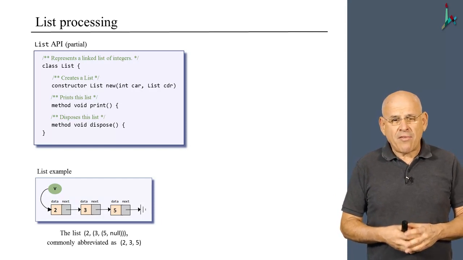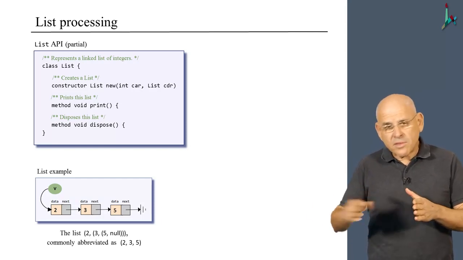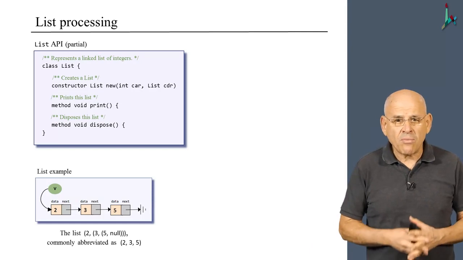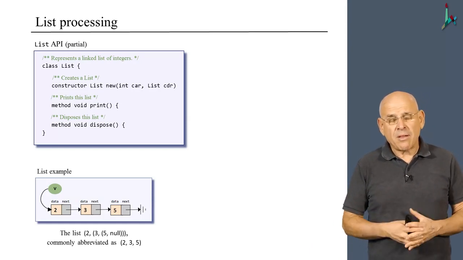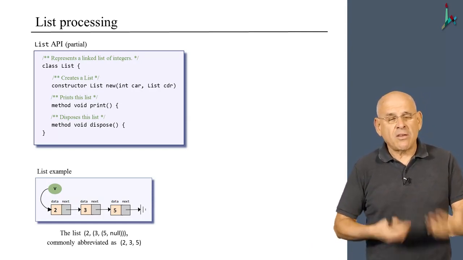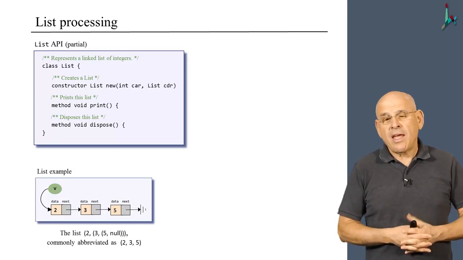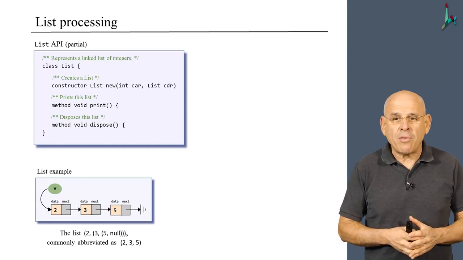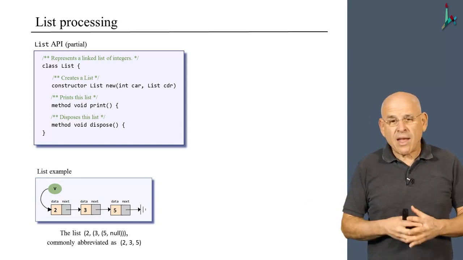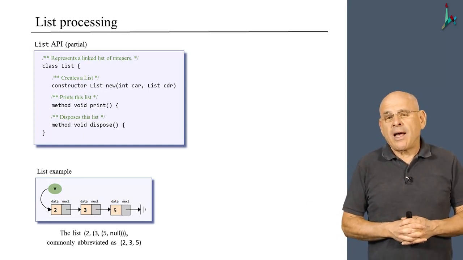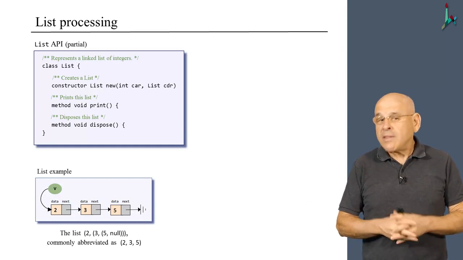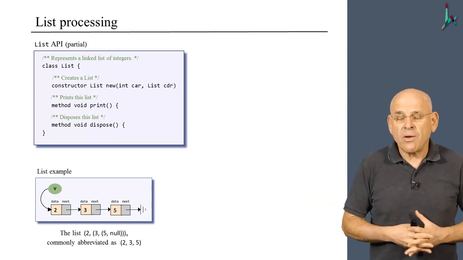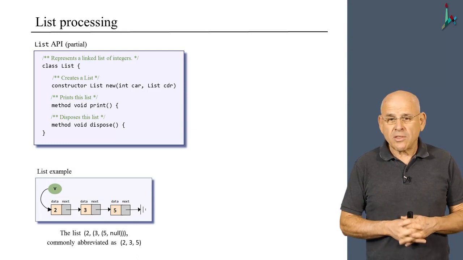And then we have a print method that goes through the list and prints every one of the atoms. And we have a dispose method that recycles all the memory resources held by the list, which may be a gigantic pile of memory, because this list may well contain 1 million such atoms. And so when we don't need this list anymore, it makes sense to recycle its resources.